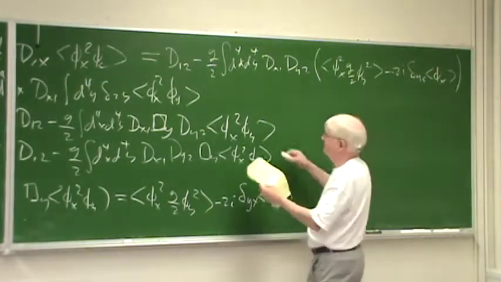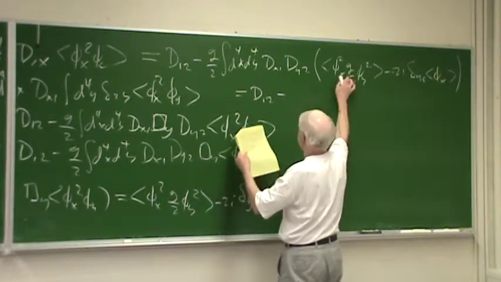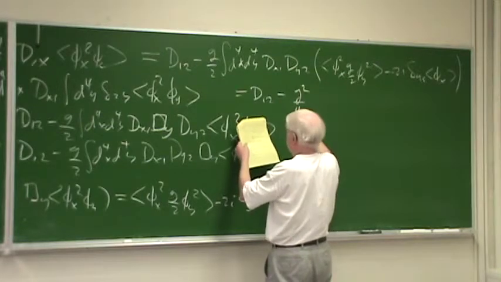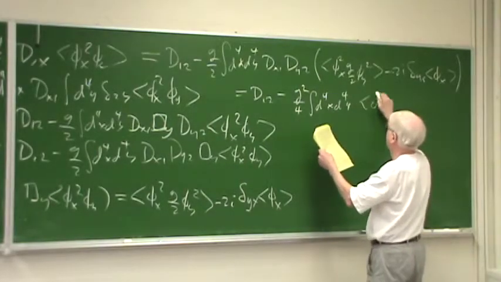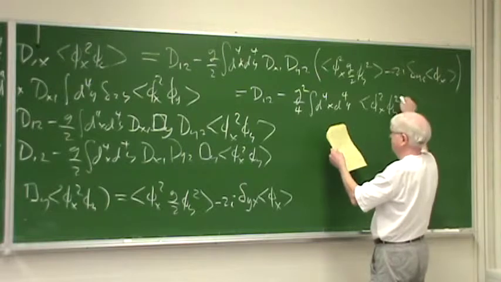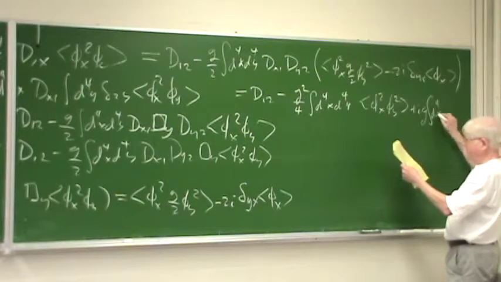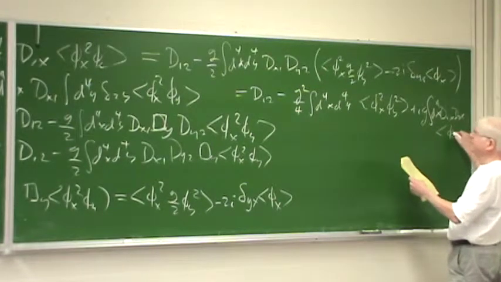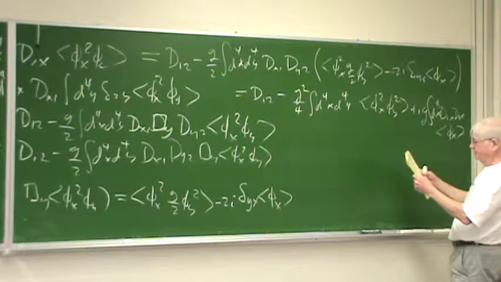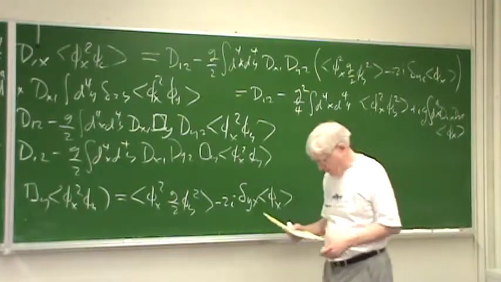And if we expand that out, that's D12 minus, the two g's here give us g squared over 4 integral d⁴x, d⁴y, φ(x)², φ(y)², plus ig d⁴x, d1x, d2x, φ(x). Okay. Yeah, there was δ(yx) there.